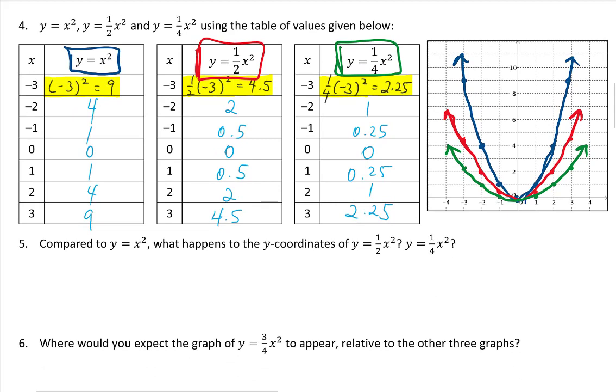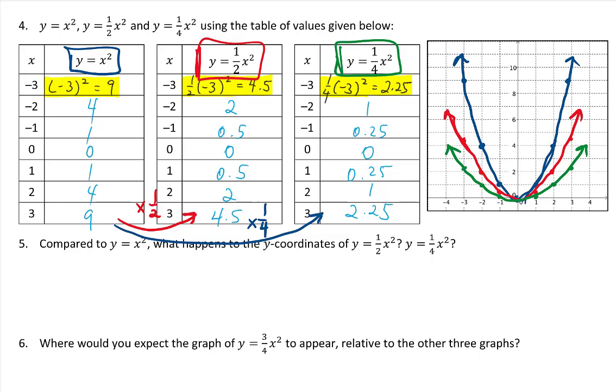Compared to y equals x squared, what happens to the y coordinates of y equals 1/2 x squared and y equals 1/4 x squared? Same as above, if we look closely at the y coordinates, we see that all the coordinates for y equals 1/2 x squared are 1/2 of those from y equals x squared. And comparing it to y equals 1/4 x squared, they're all 1/4 the values of y equals x squared, or just divide them all by 4.